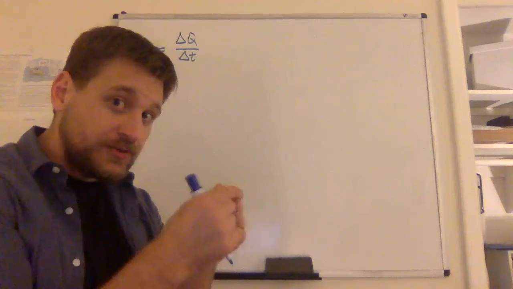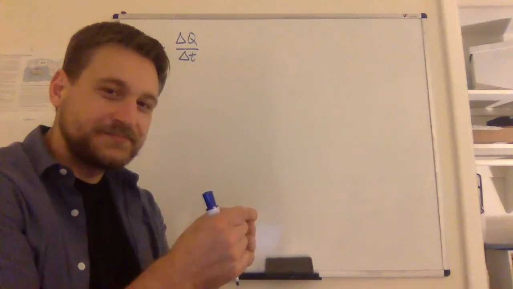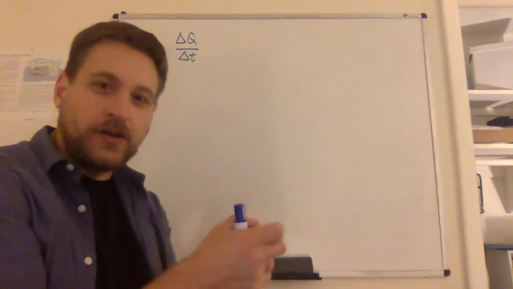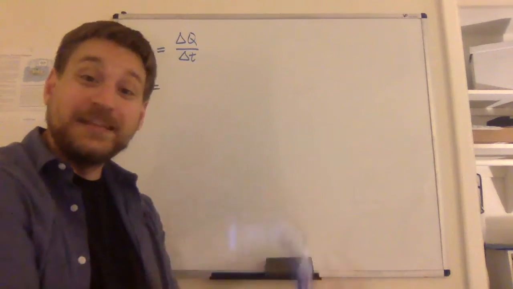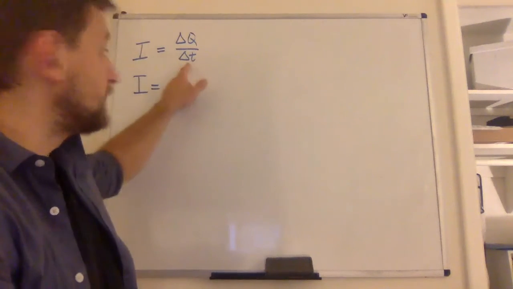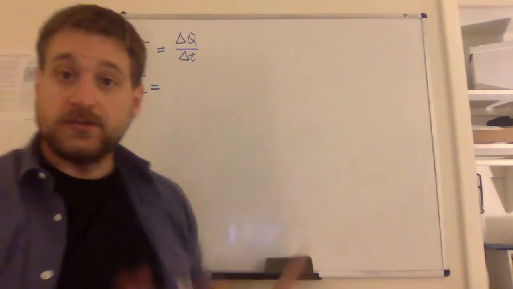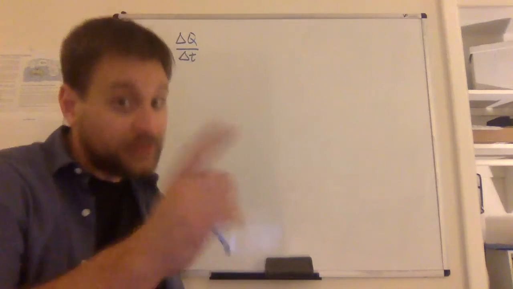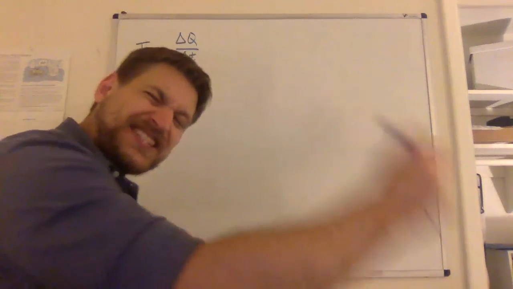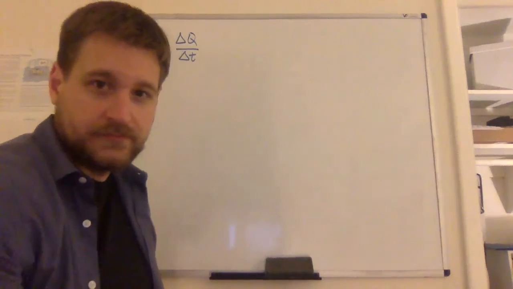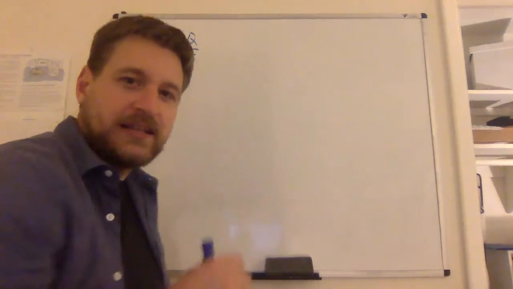How much charge moves through in that amount of time? And the smaller we go, in the language of Calc 1, we're taking a limit as the denominator goes to 0. We can't actually divide by 0, but we can take a limit. We can let the denominator get as close to 0 as you want without actually being 0.